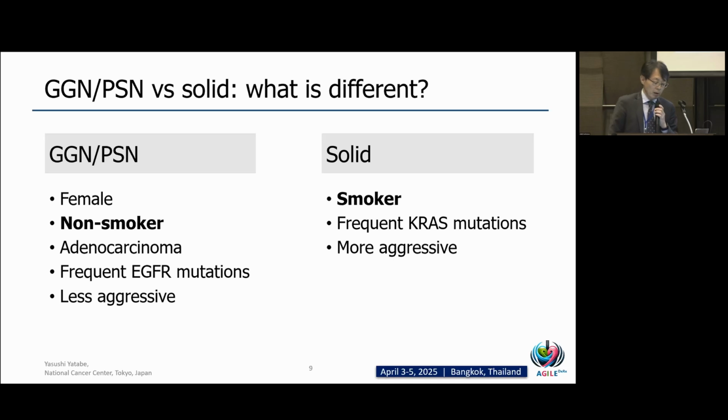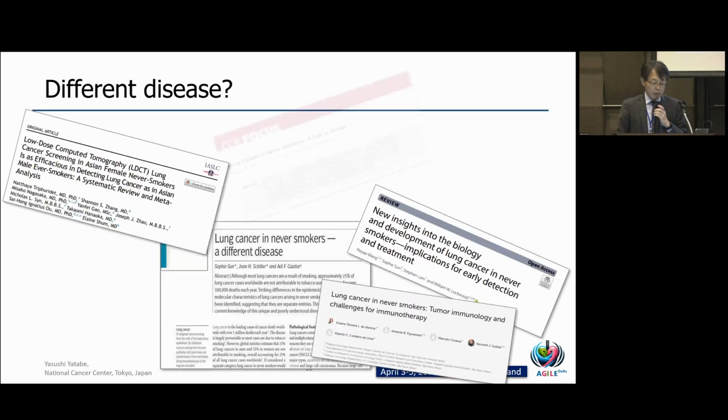This is a summary of the characteristics of this kind of tumor. Subsolid nodules have a higher prevalence of female never-smoker adenocarcinoma, frequent EGFR mutation, and a less aggressive clinical course. In contrast, solid tumors show a higher frequency of smokers and KRAS mutation. KRAS mutation is closely associated with smoking, and more aggressiveness in comparison with subsolid nodules.